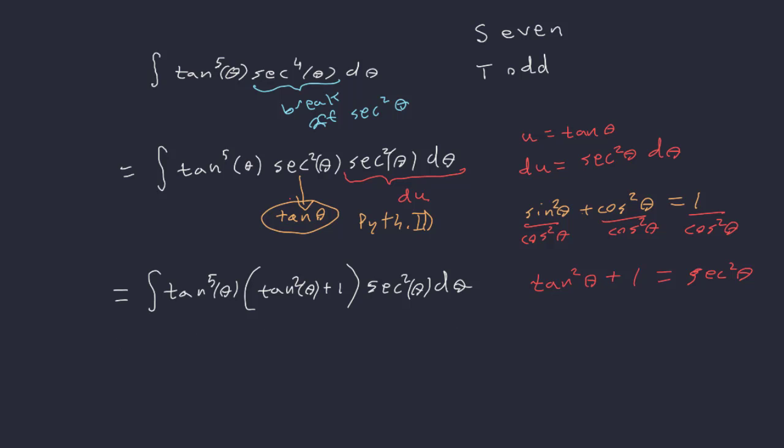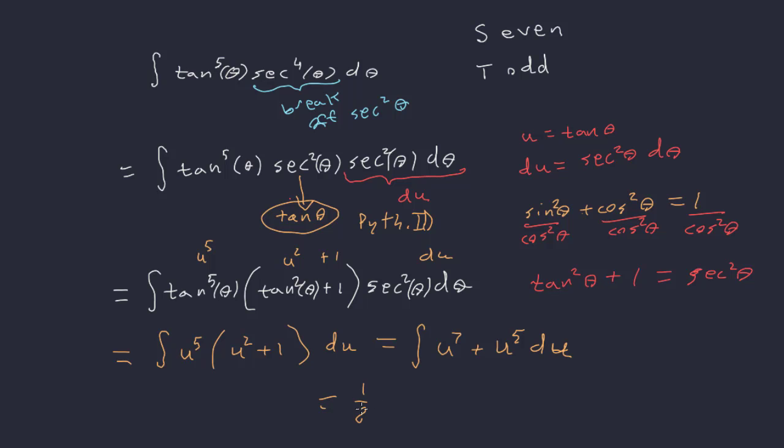Now I'm going to do our u substitution. This will be u to the 5th, this will be u squared plus 1, and this will be our du. So our new integral will be u to the 5th times u squared plus 1 du, and we'll distribute this u to the 5th to get the integral of u to the 7th plus u to the 5th du.